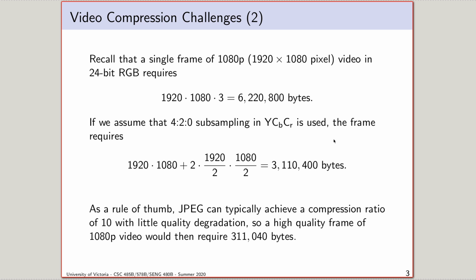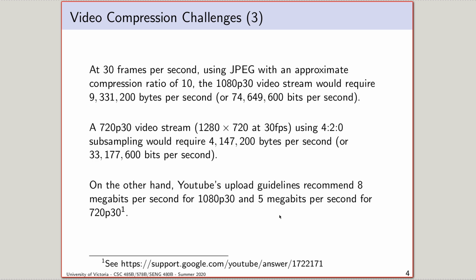But we could probably degrade quality further. Maybe 300K per frame is a little bit high. We could even go lower than that, because we don't need to keep JPEGs with no perceivable quality difference if we're only seeing them for 1/30th of a second. But if we follow the numbers with 300K, we can see why we're still short by quite a bit.